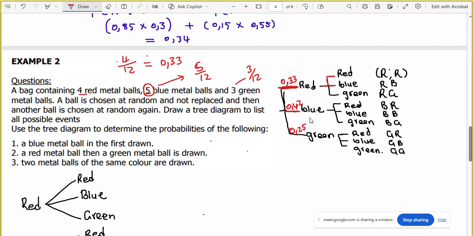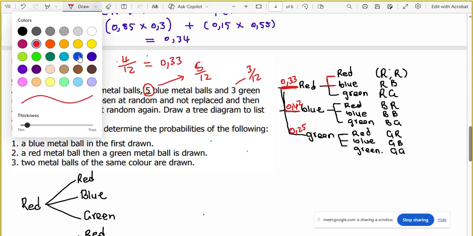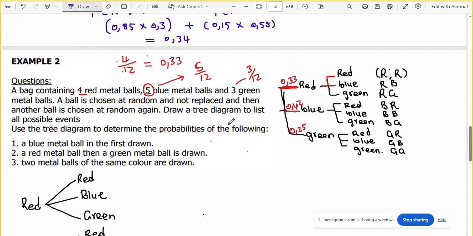Then you need to do the same. For this one, I think you need to pay attention. I'm going to use a different marker. Please pay attention. For red, remember, we are choosing a ball without replacement. So the probability of getting red on the second pick: how many red are left?